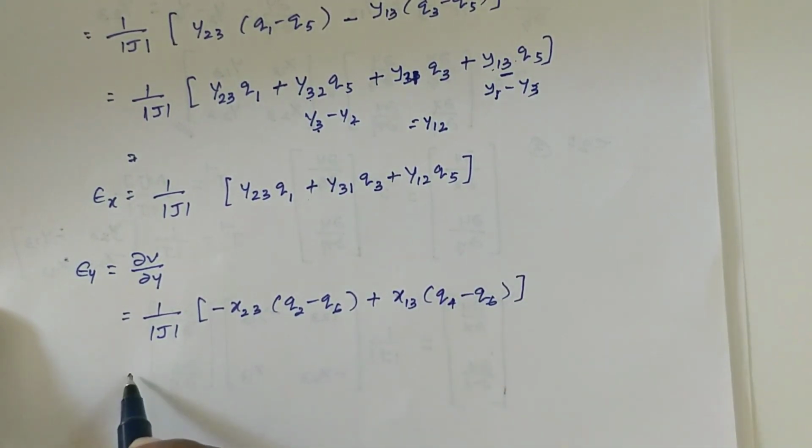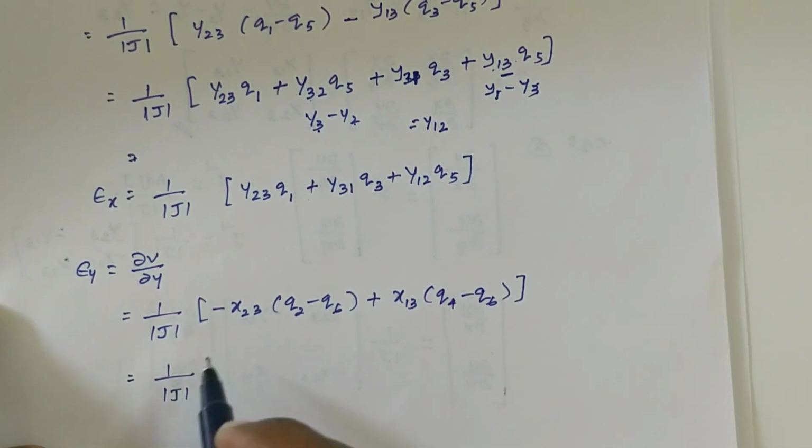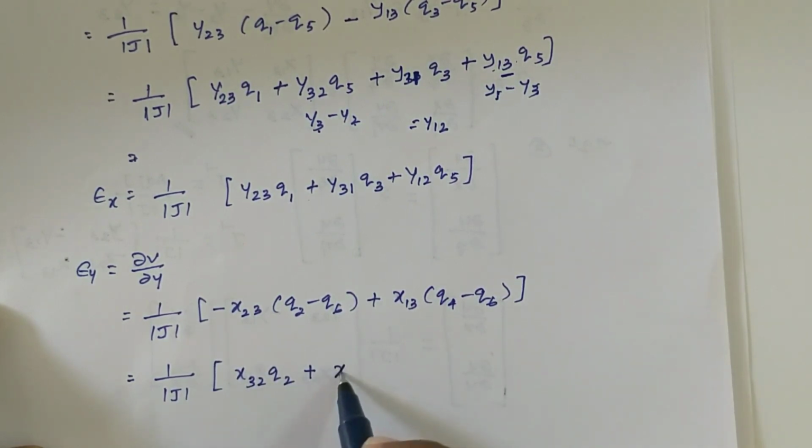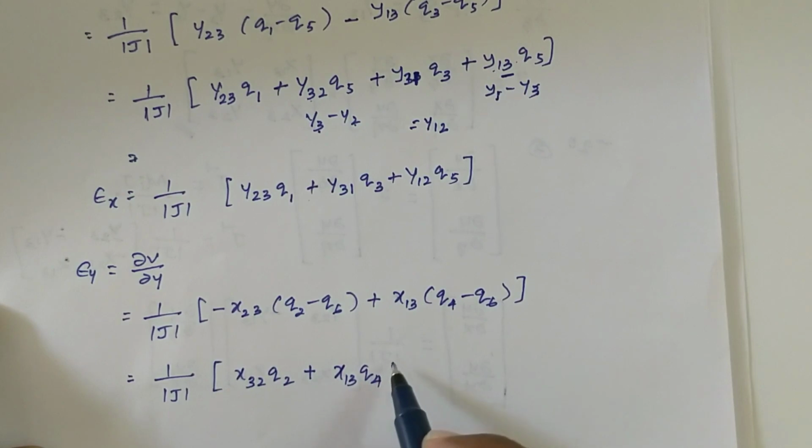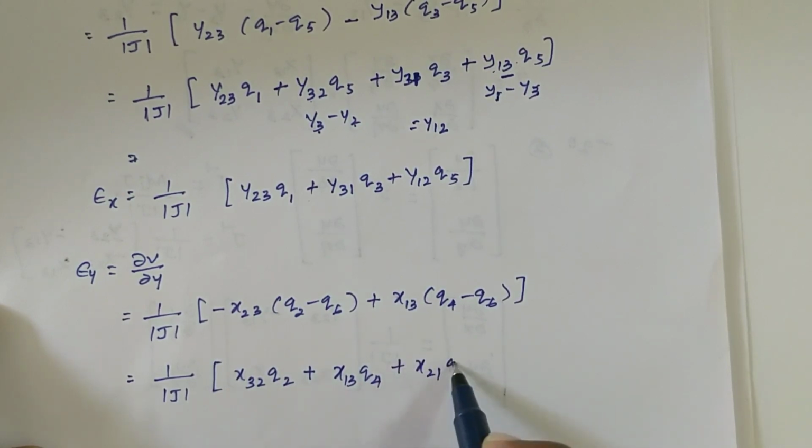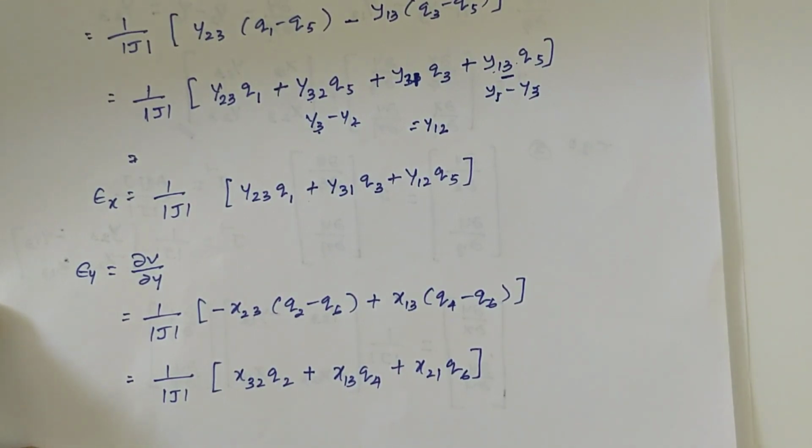Now on simplification, the final equation for epsilon y is 1 over determinant of J into x32 q2 plus x13 q4 plus x21 q6. As far as possible, try to maintain positive signs.